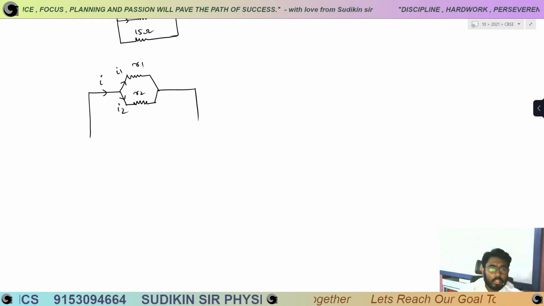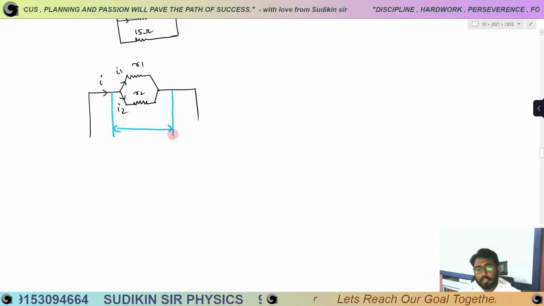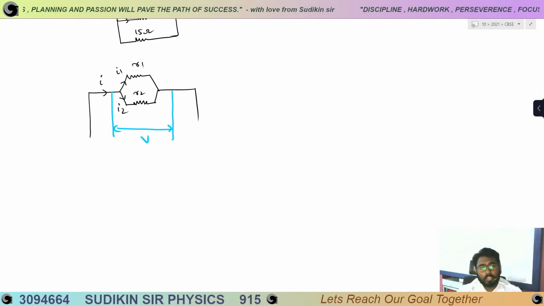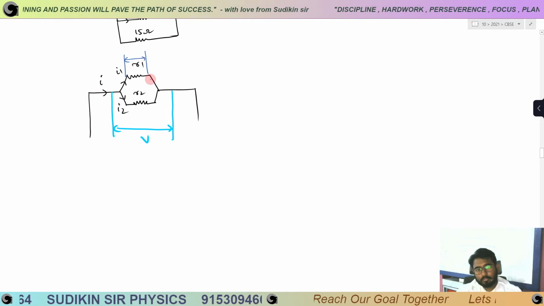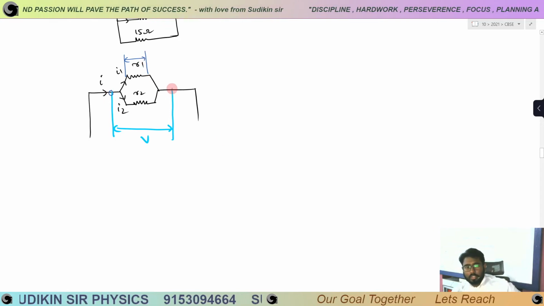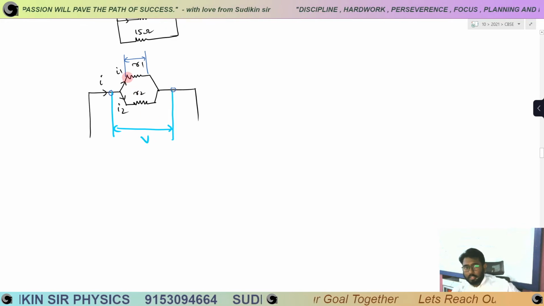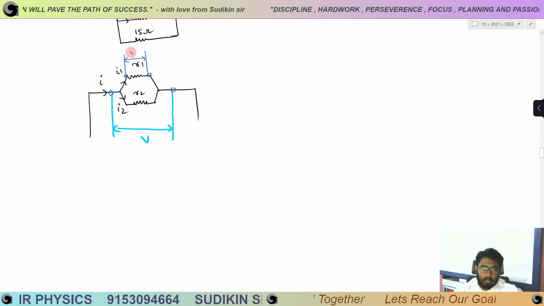Now if the potential difference across this terminal is V, can you tell me what is the potential difference across this terminal? Potential difference between this end and this end is V. What is the potential difference between this end and this end? V. Very good.